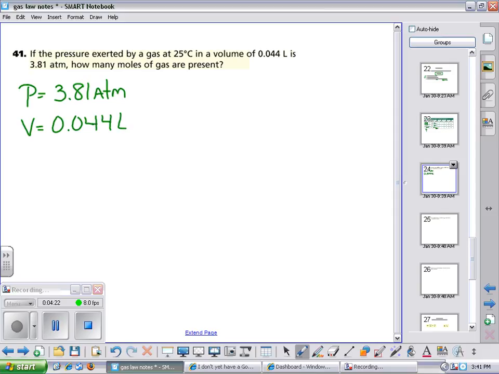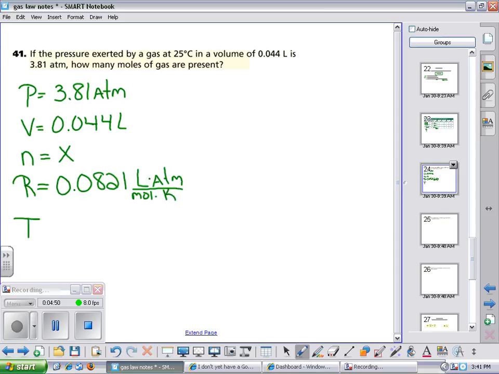The number of moles, well, we don't know. That's what we're looking for. The R value for this problem, since the pressure is measured in atmospheres, look at the chart. The chart says that the R value has to be 0.0821 liters times atmosphere divided by a mole times a Kelvin.